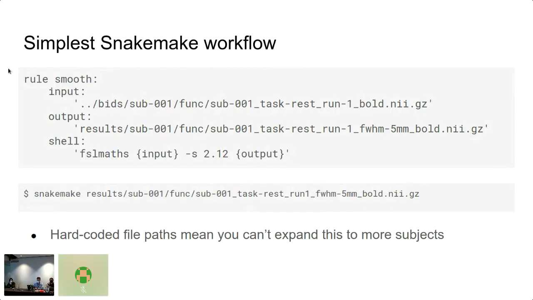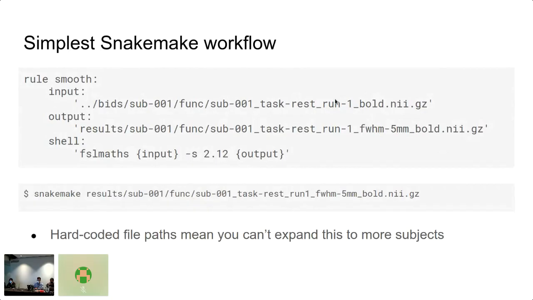Okay, so we've got a rule that we're calling smooth because we're using FSL maths to smooth some input image. Right here, we've got the bold acquisition, and we're going to smooth it to a full width half maximum of 5 millimeters. The way we do that is we specify the input file, which exists somewhere in our file system already, some path to an output file that we want to make, and then the shell command that will generate that output file.